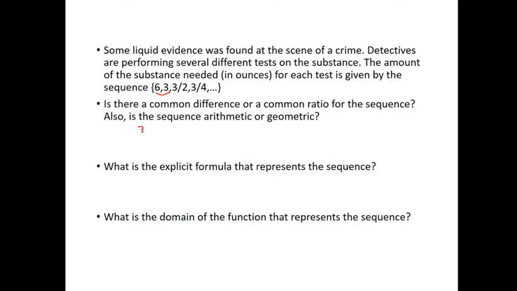So if I divide 3 divided by 6, this is equal to 1/2. If I divide 3 halves divided by 3, this is going to give you a 1/2. If I do 3/4 divided by 3 halves, this is equal to 1/2.